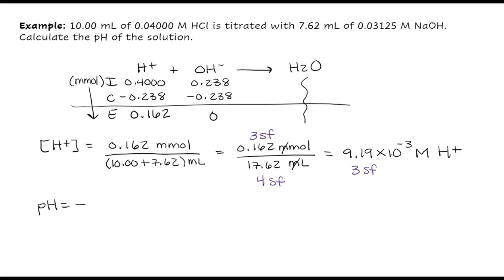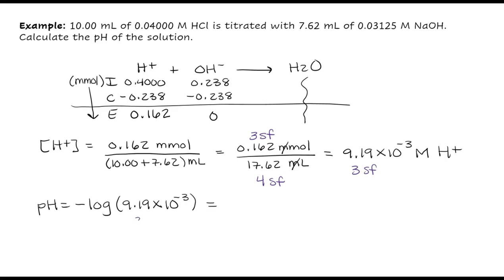pH is negative log of the H plus molarity, so negative log of 9.19 times 10 to the negative 3. We don't include the units here. We do have to be careful with the sig figs because the rules for logs and antilogs are different than our other math operations.